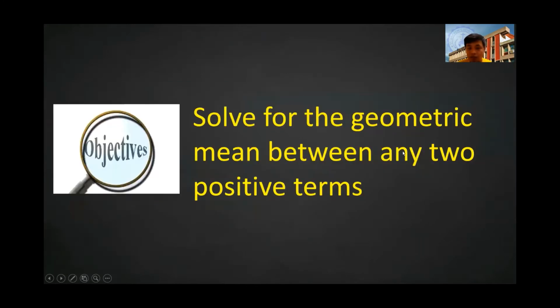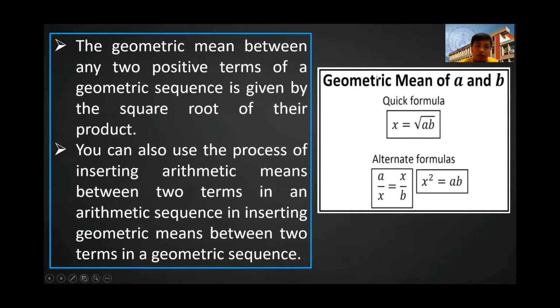Now, for our objectives, we have to solve for the geometric mean between any two positive terms. The geometric mean between any two positive terms of a geometric sequence is given by the square root of their product. You can also use the process of inserting arithmetic means between two terms in an arithmetic sequence, in inserting geometric means between two terms in a geometric sequence.